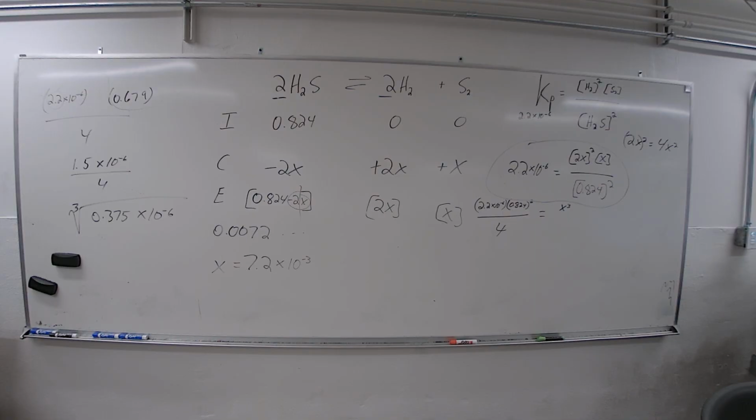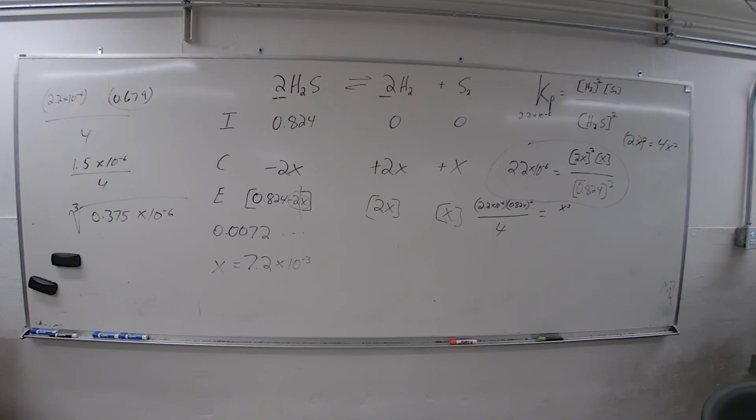That to the cube root. Doing it your way, I got squared. Huh? Doing it your way, I got 7.20 times 10 to the negative 3. Squaring the bottom. Did you square this? That's what I got for. Why do I do it wrong?